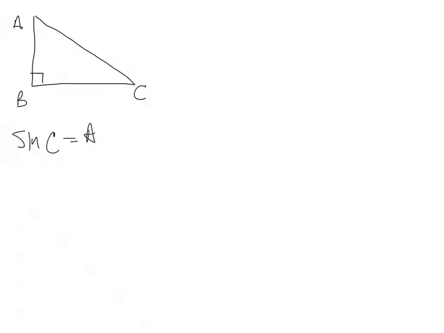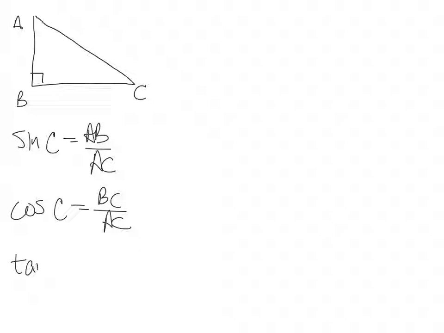But let's talk about how to actually find the measurement. So we have a right triangle, our usual ABC. We know that sine of C equals opposite over hypotenuse. Cosine of C equals adjacent over hypotenuse. And tangent C equals opposite over adjacent.